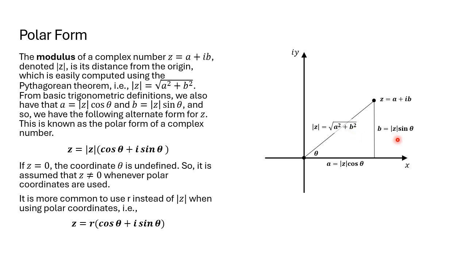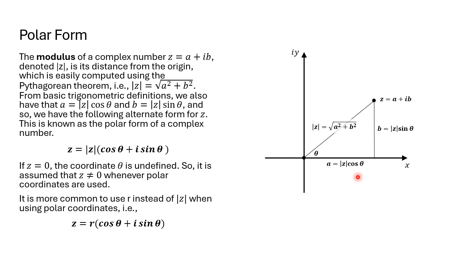On the right, we have b represented in terms of the modulus and the sine of theta, and then a represented as the modulus times the cosine of theta. And the polar form is what we have written here. Z equals the modulus times cosine theta plus i sine theta.